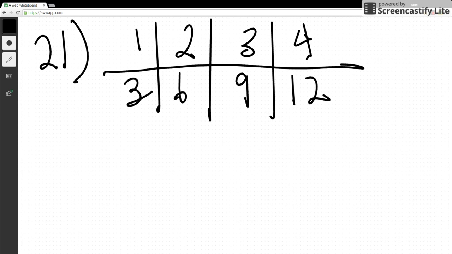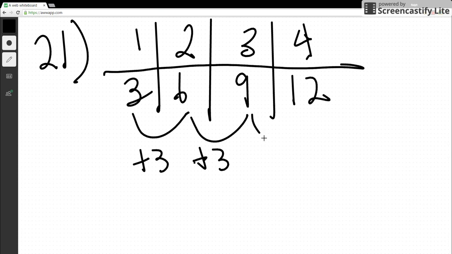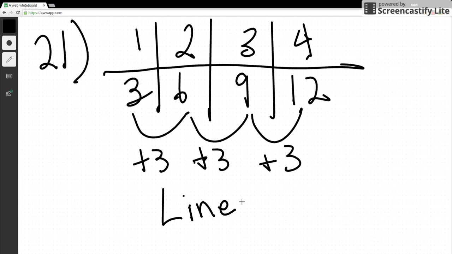I'm going to look at the y values, and I increase by 3, I increase by 3, and I increase by 3. Since they're all increasing by the same amount, that is a linear relationship.